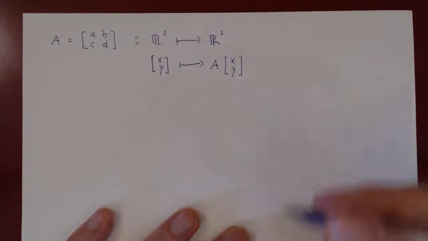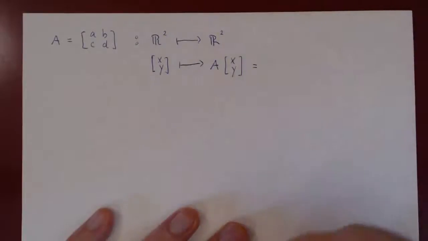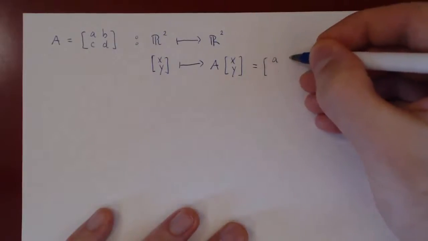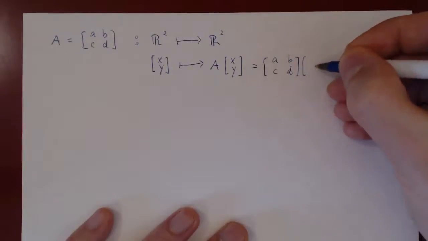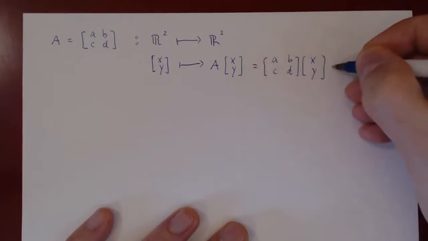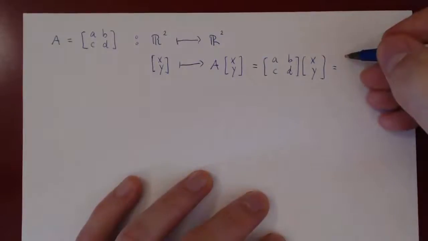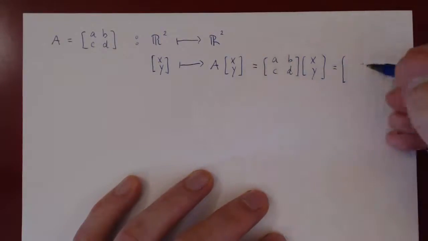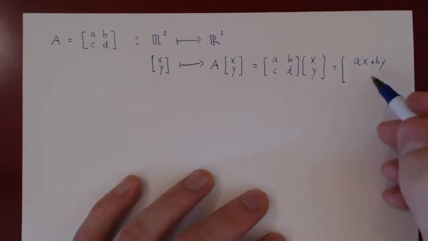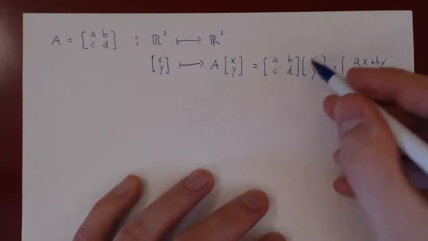We can compute the image, right? Because A, say, is A, B, C, D, times the point xy, and we'll have our new point. The x-coordinate will be ax plus by, and the y-coordinate, the second entry, will be cx plus dy.